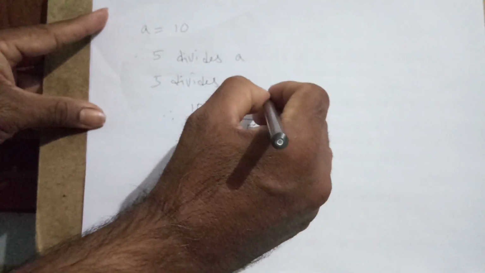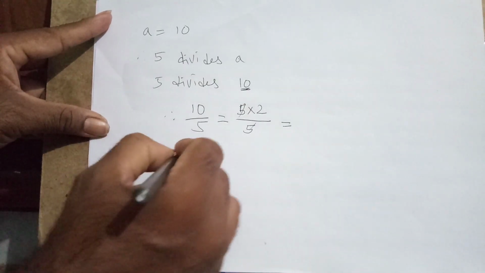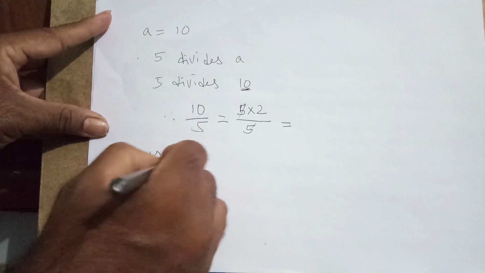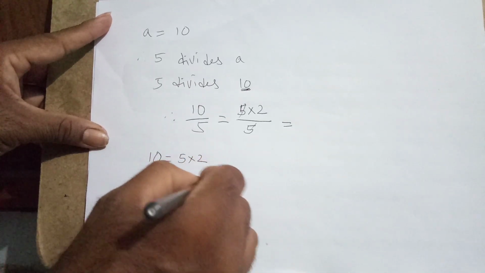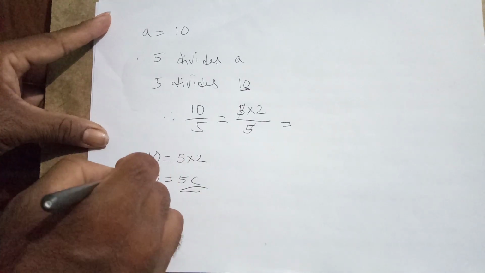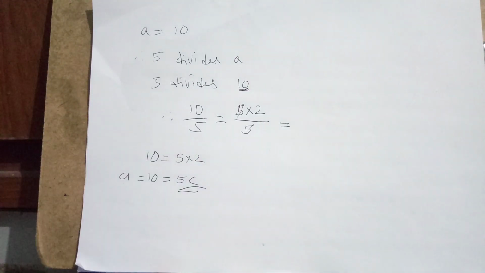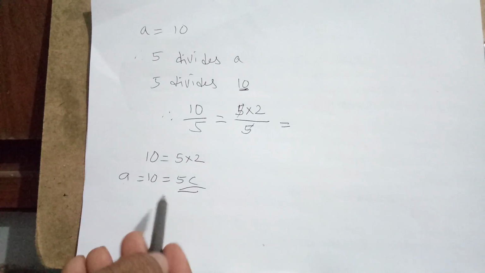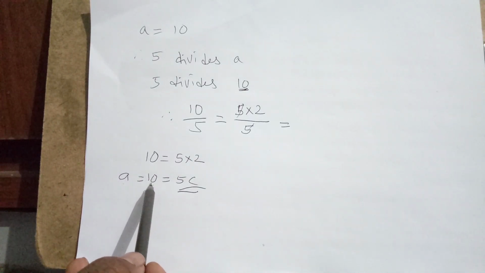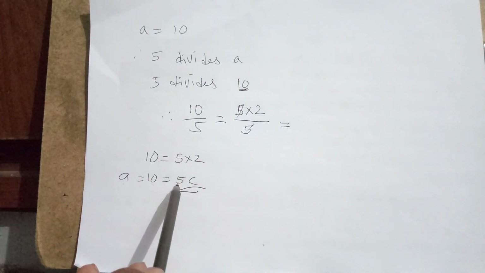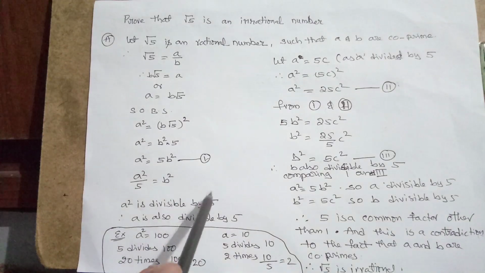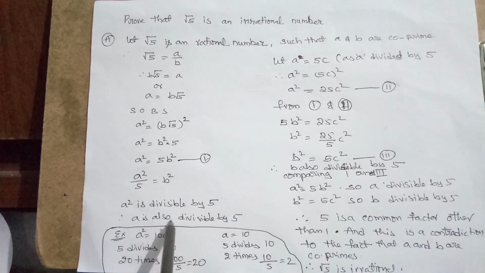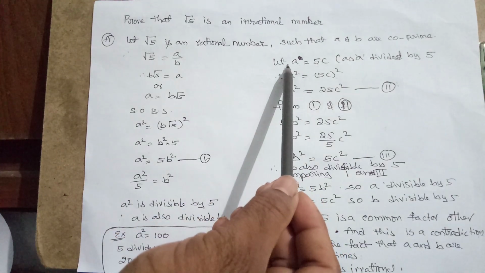So 10 can be written as 5 into 2. Therefore, 10 is equal to 5c. Just it is an example. In the same way, a is also divisible by 5, so I can write down a is equal to 5c.